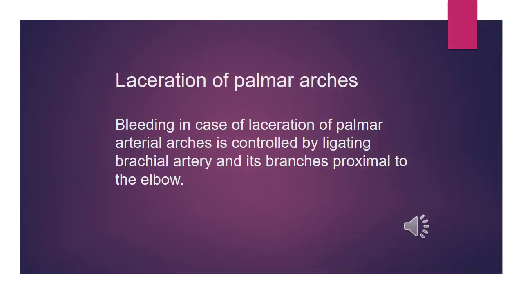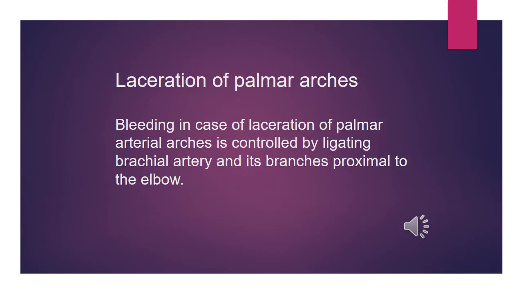Now talking about the clinicals of palmar arterial arches. Whenever the palmar arterial arches are lacerated, bleeding is usually profuse. It may not be sufficient to ligate only one forearm artery to stop the bleeding, because these vessels usually have numerous communications in the forearm and hand.